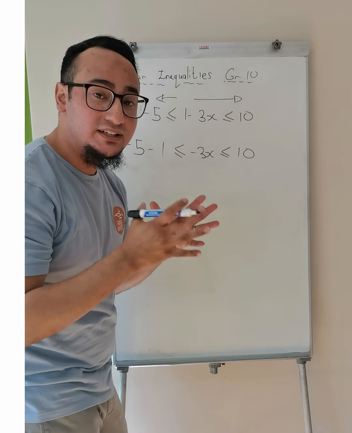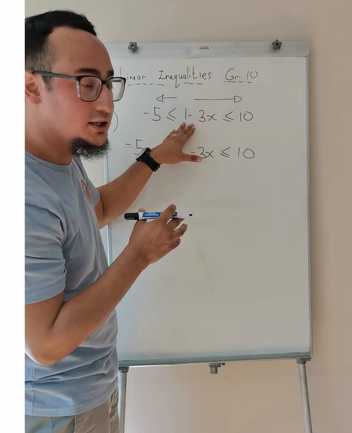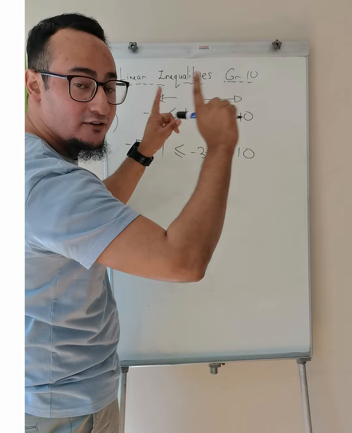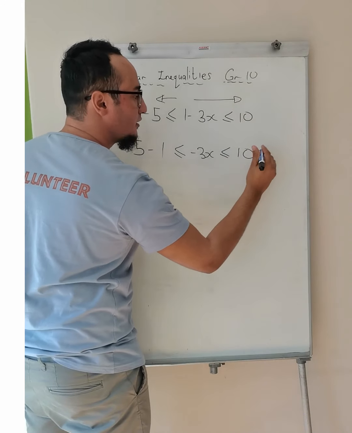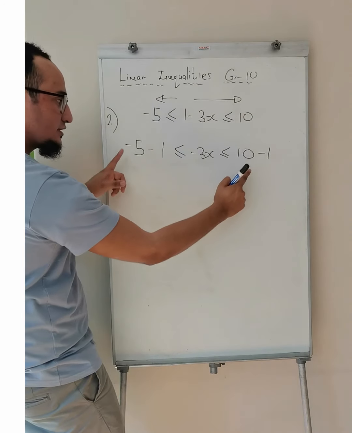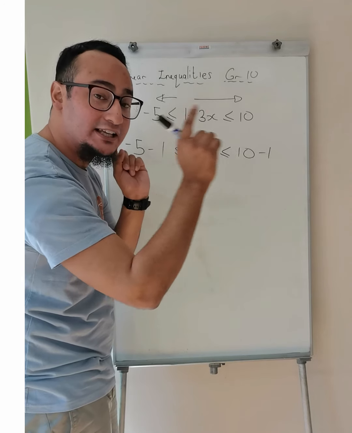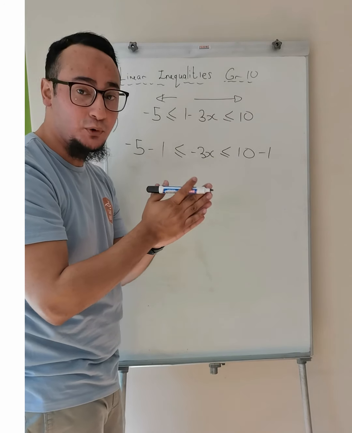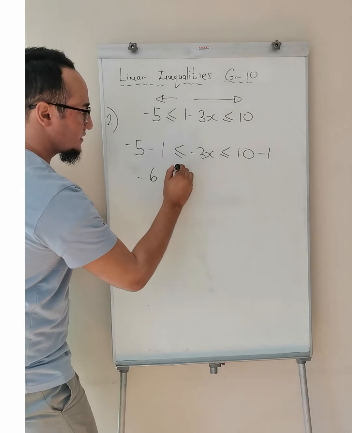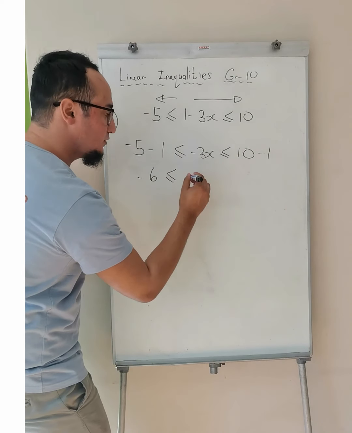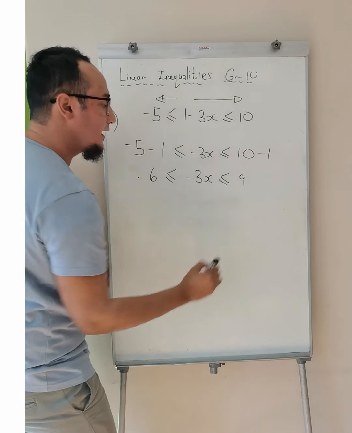Remember, what a lot of learners forget, they forget to distribute their middle terms with both sides of my equation or inequality. So 10 minus 1. Notice over there, they lie on both sides of my inequality signs. Keep that in mind, please learners, it's very important. From there, I simplify. Negative 6 is less than and equal to negative 3x, which is less than and equal to 9.